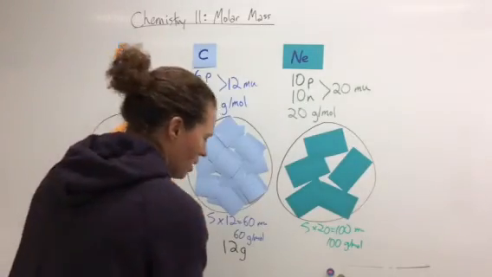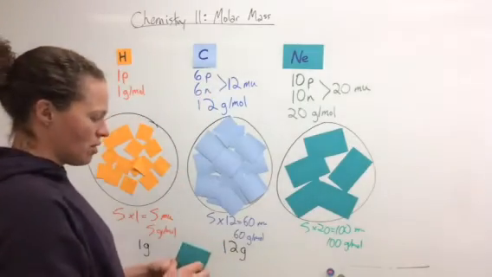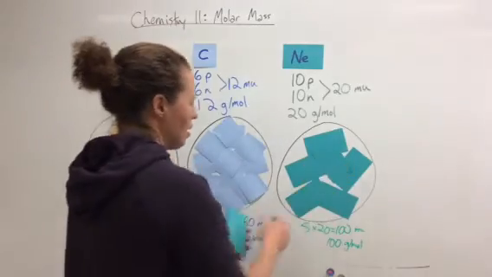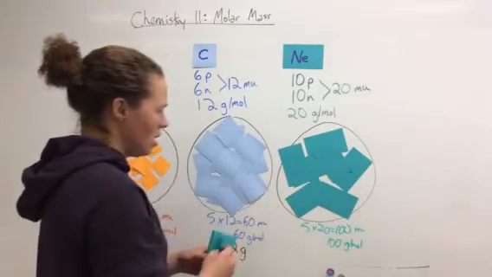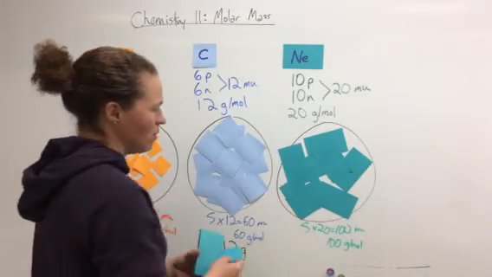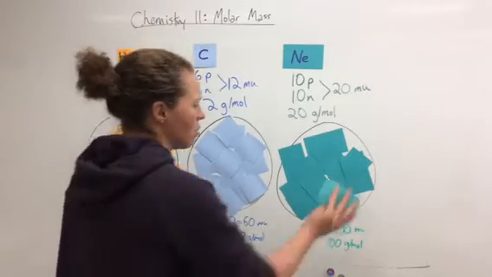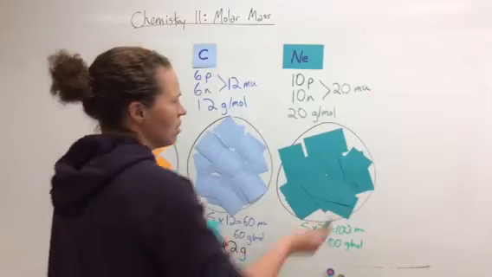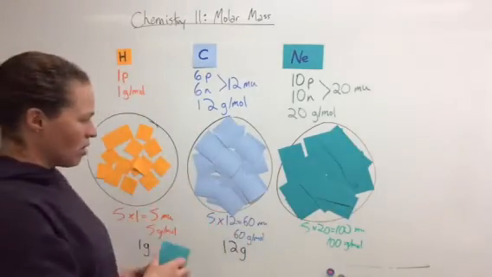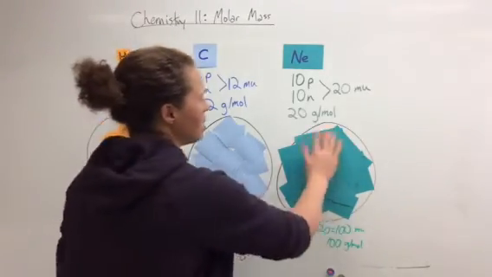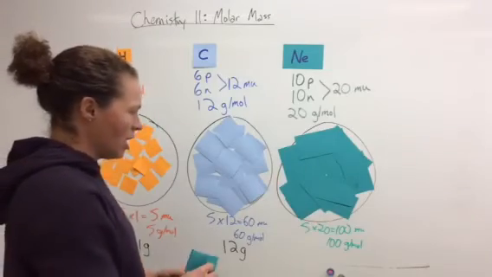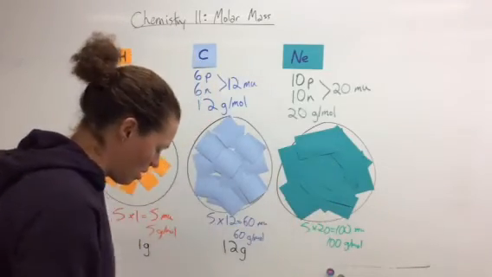Now, if I went over here to neon, neon's a lot bigger, so it's going to weigh a lot more. And if I kept adding neon until I had the same number of neons that I have of carbon over here, and carbon weighs 12 grams, and hydrogen weighs 1 gram, I could go back to hydrogen, make the math a little easier. So now I've got all these neons in here.